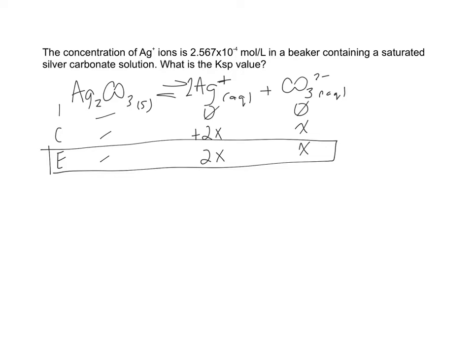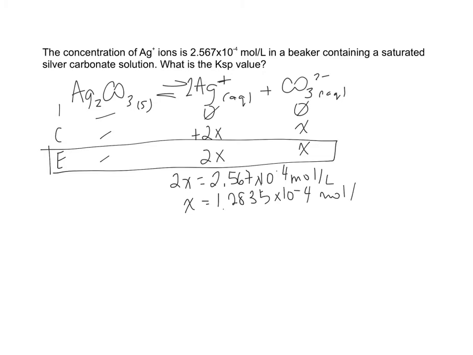Now, we also know that the equilibrium concentration of silver ions is this. So we can solve for x. So it's 1.2835 times 10 to the negative 4 moles per liter.